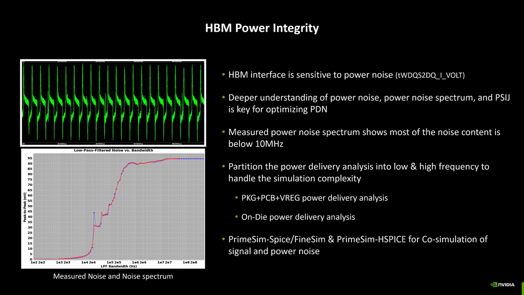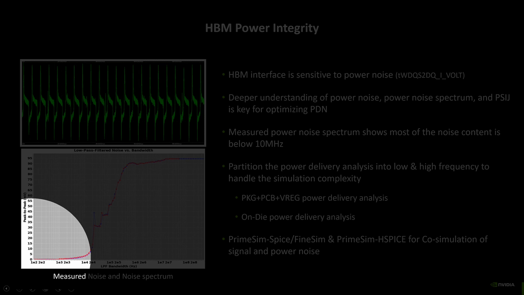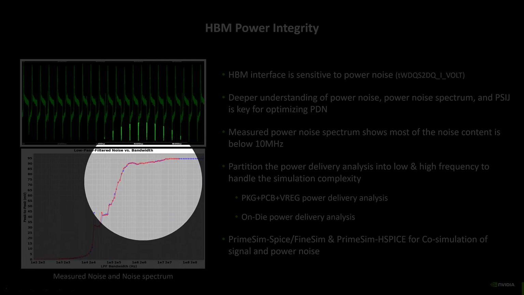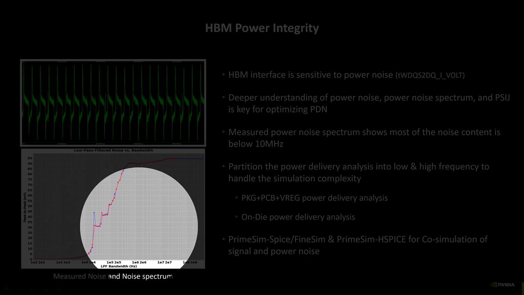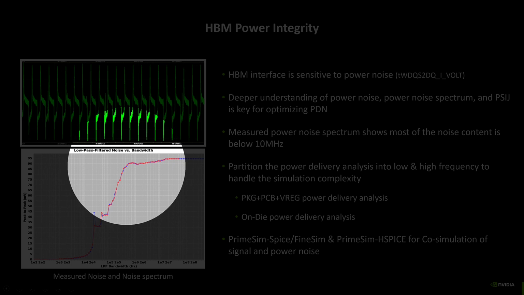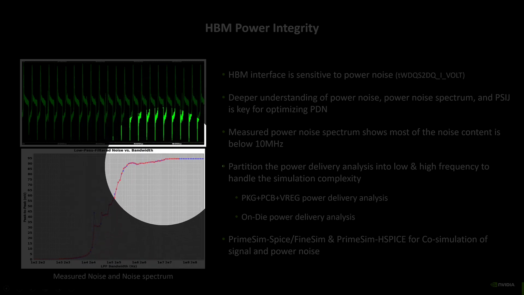This last slide shows again our simulation strategy for power integrity. What I'm showing on the left is the measured power noise, and on the x-axis is the low-pass filter bandwidth. We can look at the frequency spectrum of the measured power noise, and if you look closely, about 90% of the noise is within 10 megahertz, and only a small component of the noise is at a much higher frequency.